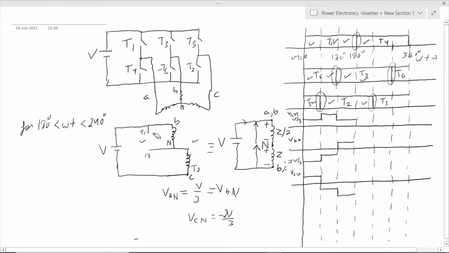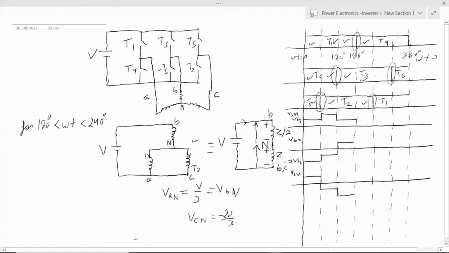So we can remove here, and we can connect our A phase like this. So this will be A. Now T3 is on, so B remains same, and T2 is on. So here also this remains same.